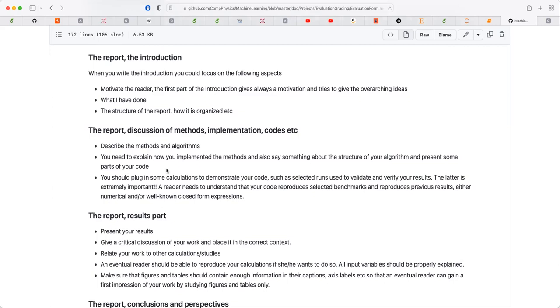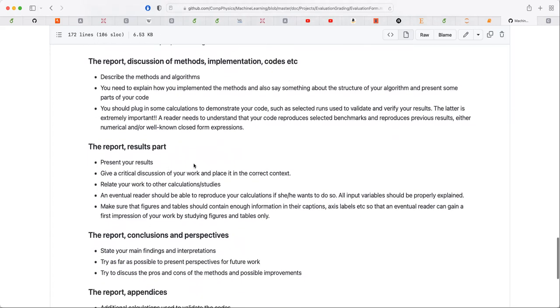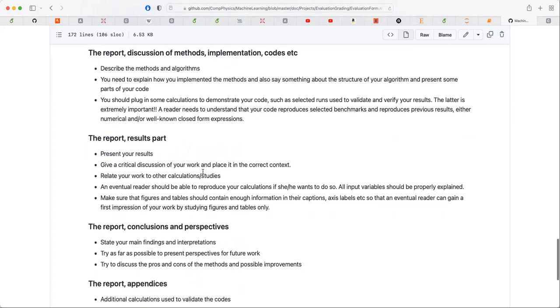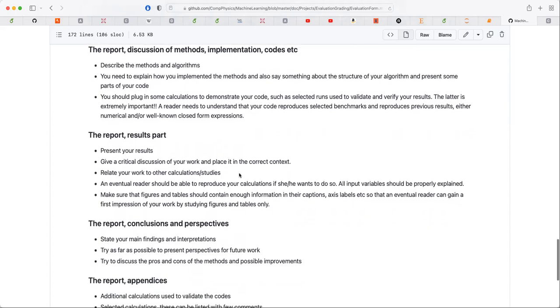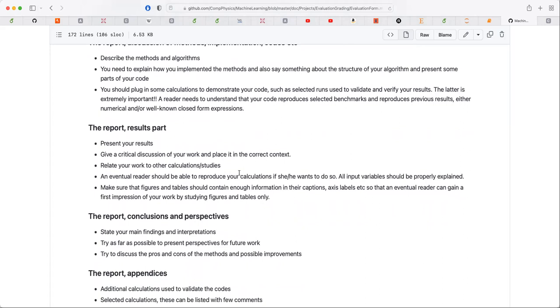And the results always give a critical discussion, relate your work to other calculation studies if you can. One of the things which is nice with many of the data sets which are included in scikit-learn, for instance, is that these are data sets which have been researched a lot.